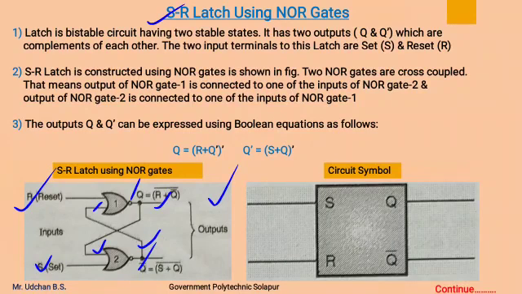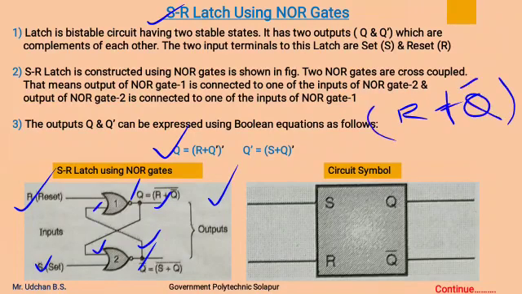The outputs Q and Q complement can be expressed as Boolean equations. Q can be written as (R plus Q complement) whole complement, as this first NOR gate has inputs R and Q complement.